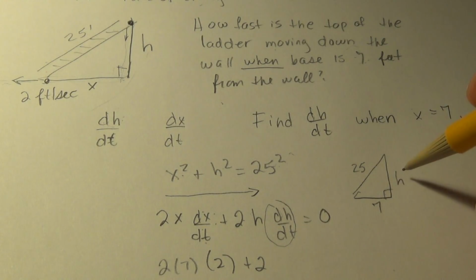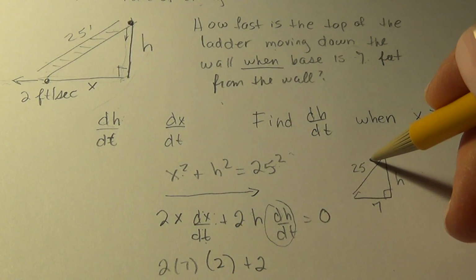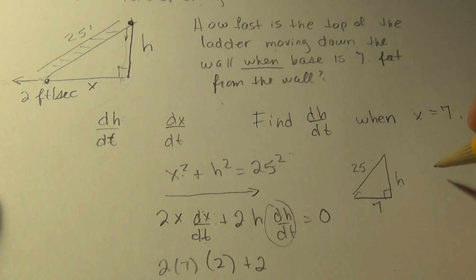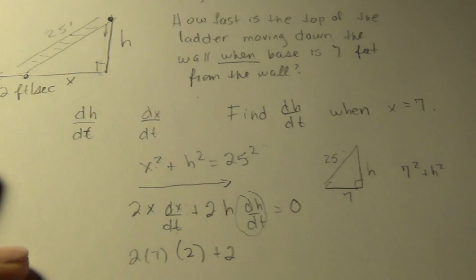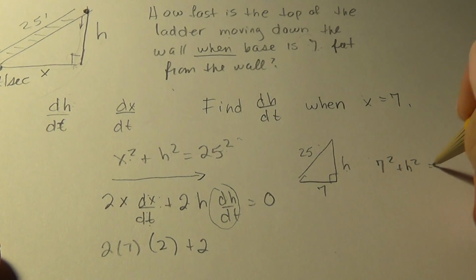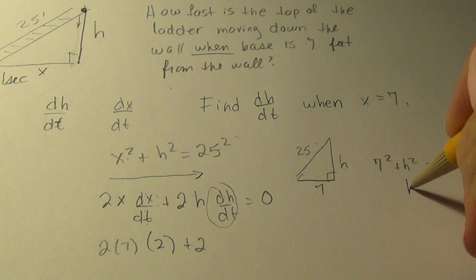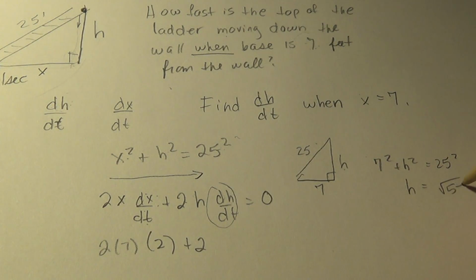So we have 7 squared plus h squared equals 25 squared. If you solve for h, you'll see that h equals the square root of 576, which is 24.